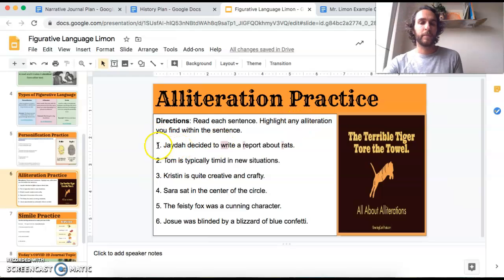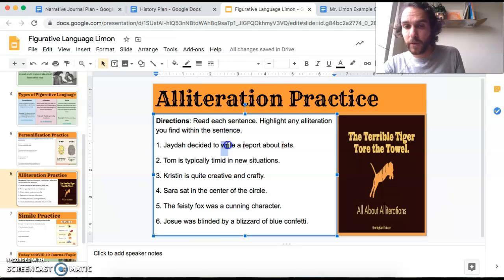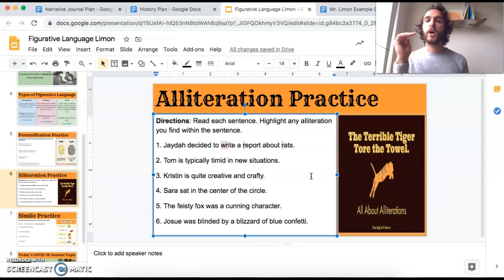I've done this for example number 1. So sentence number 1 reads, Jada decided to write a report about rats. Oh, this one's interesting because write, that starts with a W, but it does have that R sound. So write a report about rats.